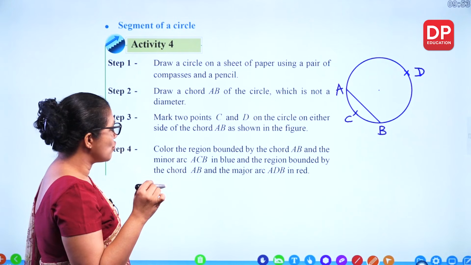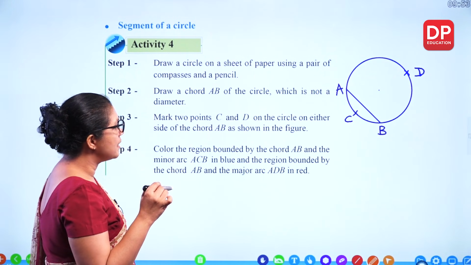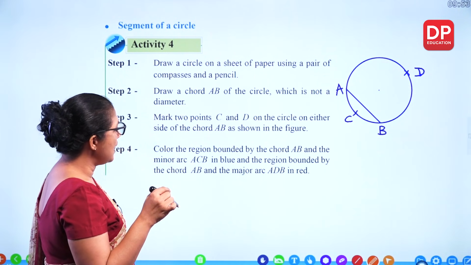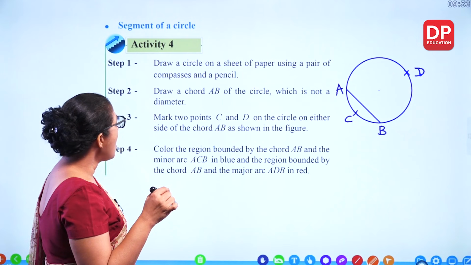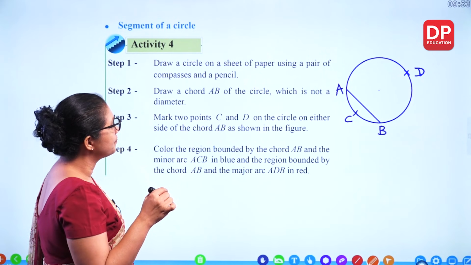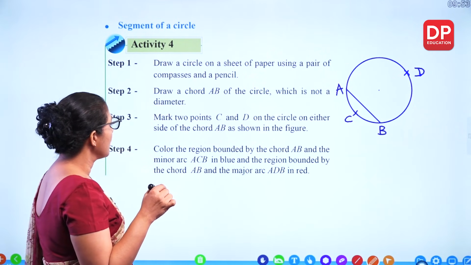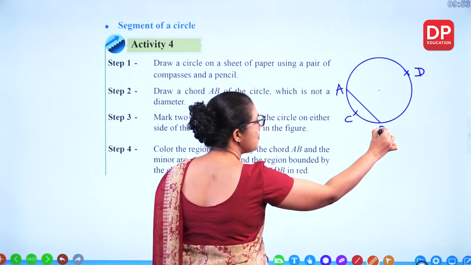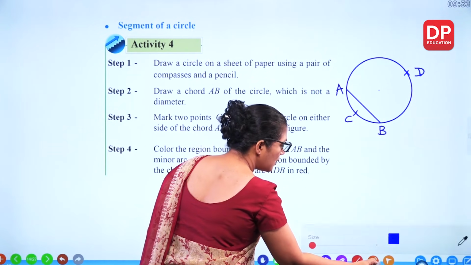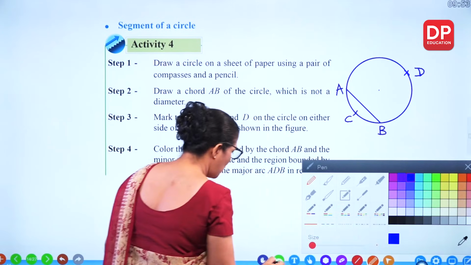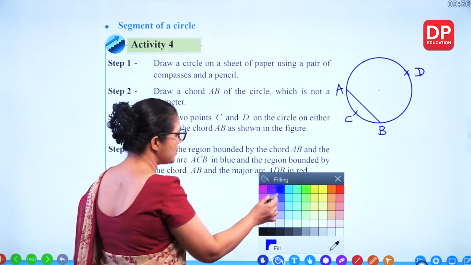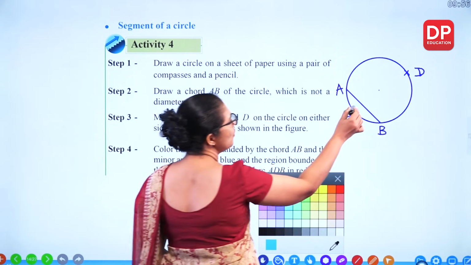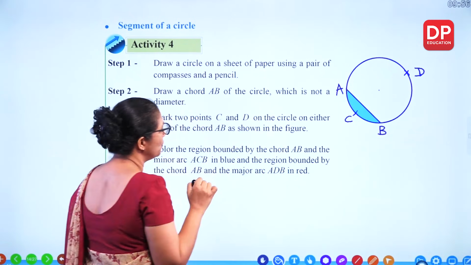Color the region bounded by the chord AB and the minor arc ACB in blue. This chord and minor arc ACB, we'll color in light blue.